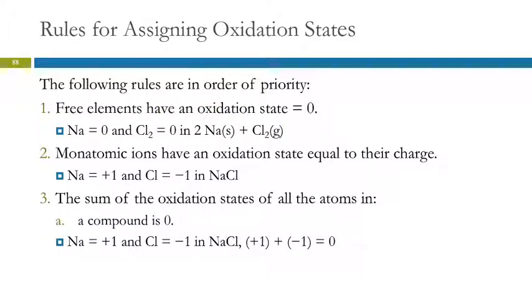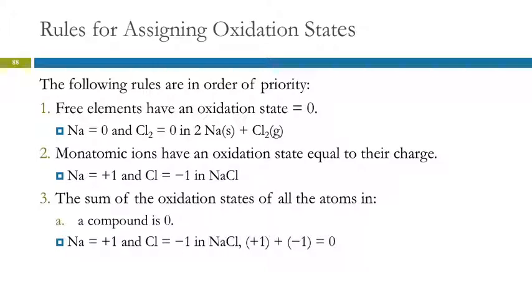So if you have pure sodium metal, or chlorine diatomic molecules, just one element, the oxidation state is 0. And that corresponds to the ionic charge that those things have, which is 0. They don't have an ionic charge, right?